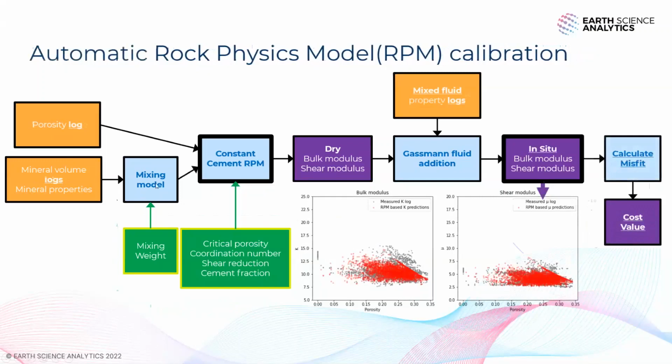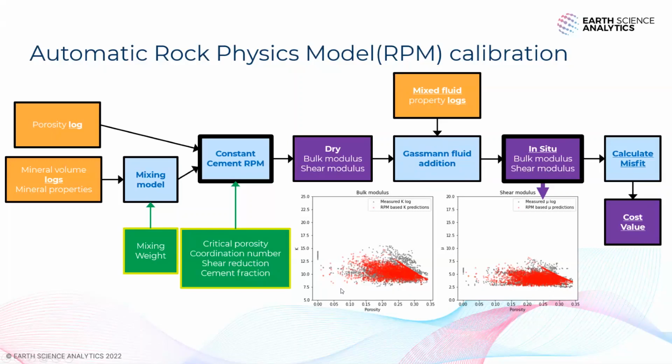We then put those into a mixing model to give us inputs to the rock physics model, which then makes dry bulk modulus and shear modulus logs. We then put in mixed fluid property logs, so we actually use the saturation logs and the fluid properties to calculate the fluid properties to add into each sample by Gassmann fluid addition, which then gives us in situ bulk modulus and shear modulus as logs, which we can then display here as a cloud of points.